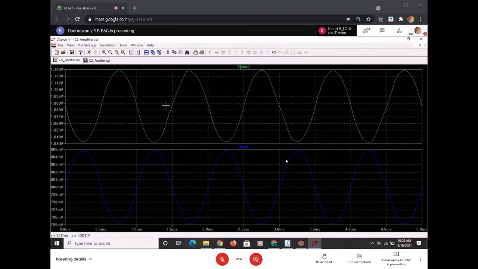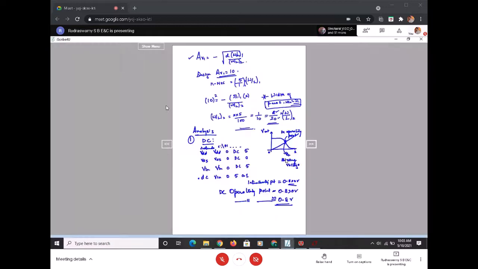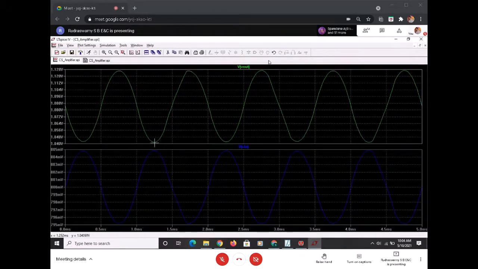So the gain is basically V out by V in, and that is what we calculated in the previous session also. And what is the peak to peak input and what is the peak to peak output? If I go to the bottom of the peak, you can see the y value is 1.04 something.